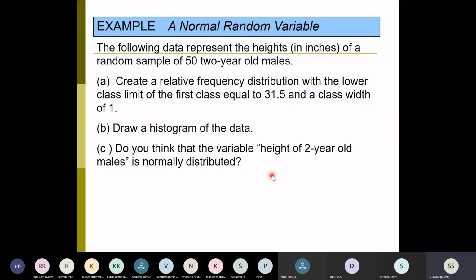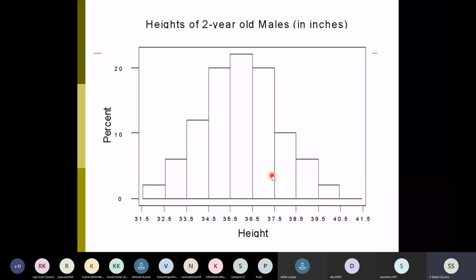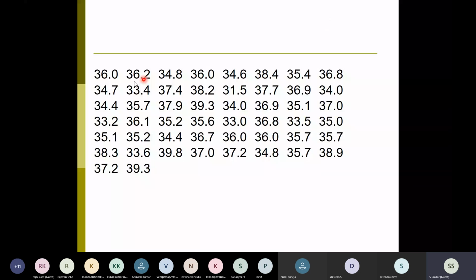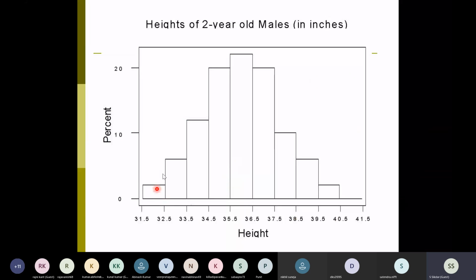Once you plot that, from this data you can have a histogram, with the frequency, the height, and the percentage. How many percent of the 2-year-old kids fall in between the heights 32.5 and 33.5, in between 35.5 and 36.5. The distribution is something like this, and here you can see it looks just like a normal Gaussian curve.